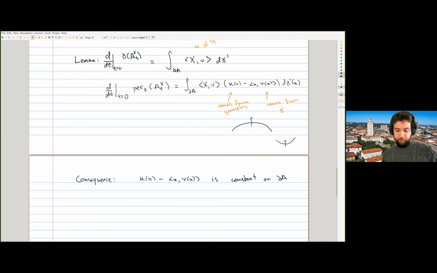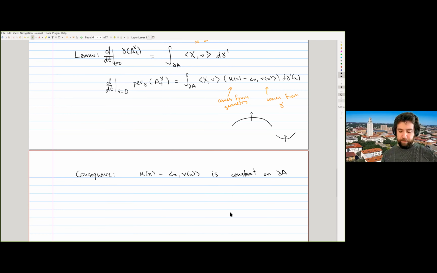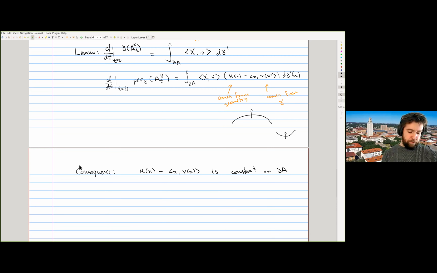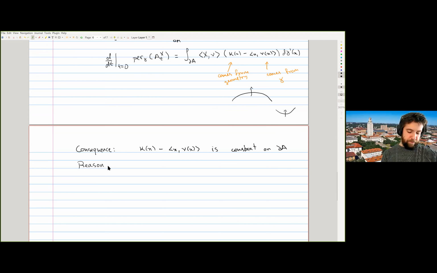Okay. So we have this thing, which is like some sort of modified curvature. And it's constant on the boundary of any minimal set, right? I'll leave the real argument out of it, but this is basically the reason. If not, there exists a vector field x such that the first order change in the measure along this vector field is 0, but the first order change in perimeter along this vector field is negative.